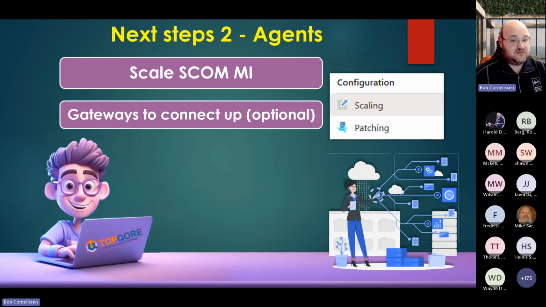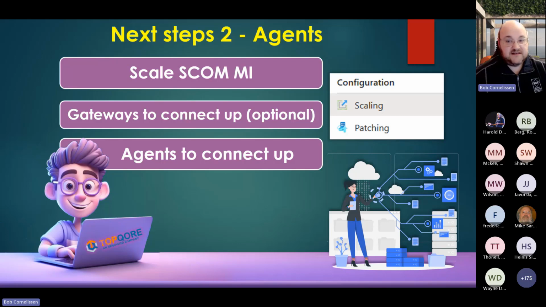I cannot tell you more about this right now as it would be NDA. And of course, we get agents to connect up to our SCOM MI, either directly or through a gateway. In the end, we point them at the load balancer DNS entry for the SCOM managed instance.